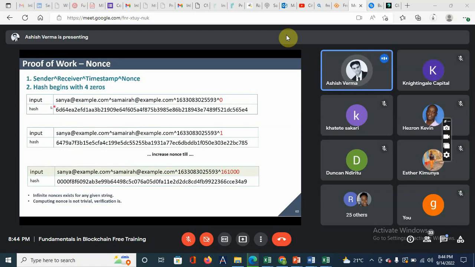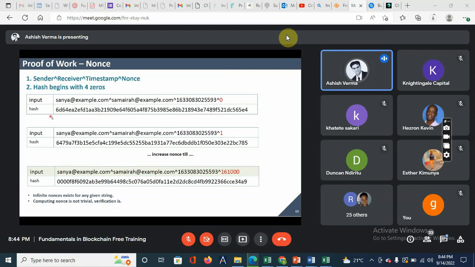For example, I input this kind of message, example.com, this is the number, and the red part you see at the end is called the nonce. The hash generated for this particular message is this.